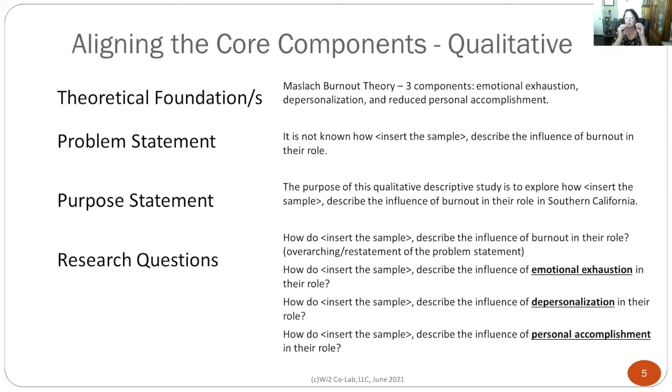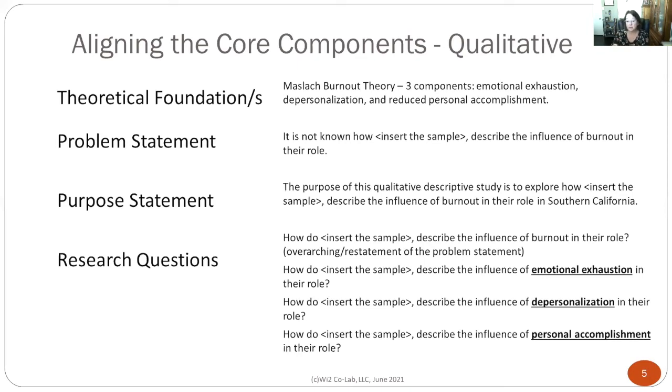Whatever your sample is gets put in there. Describe, this is a qualitative descriptive, so you're describing something. You're describing a phenomenon, the influence of burnout in their role. And there might be something behind it in their ability to service their customers, in their whatever. I've just made this very simple so you can see what alignment looks like.